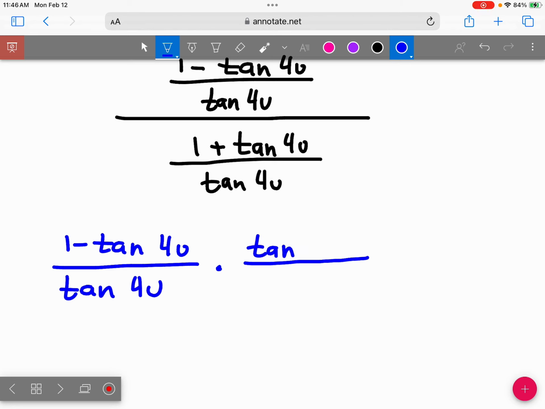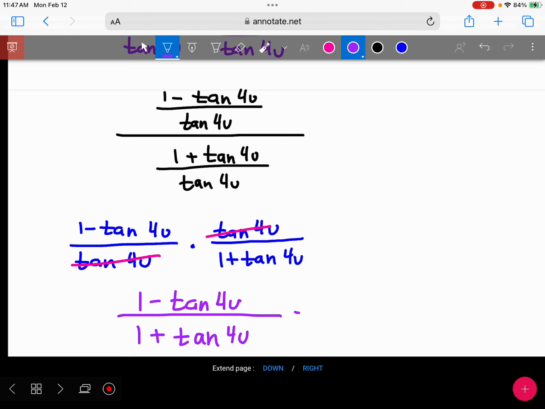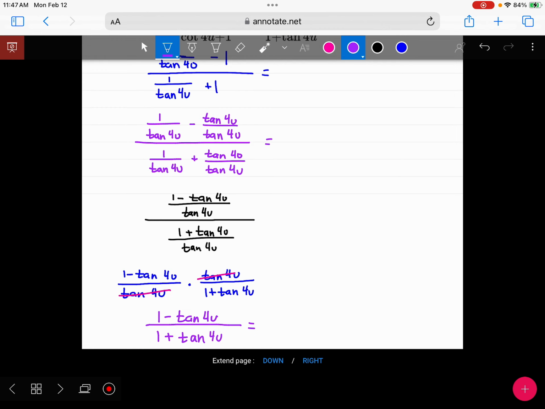So we have tangent of 4u over 1 plus tangent 4u. And when we multiply these two fractions together, the tangent in my numerator and denominator cancel out. So we're left with 1 minus tangent of 4u over 1 plus tangent of 4u.